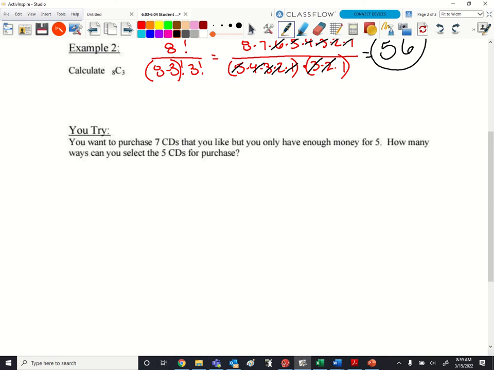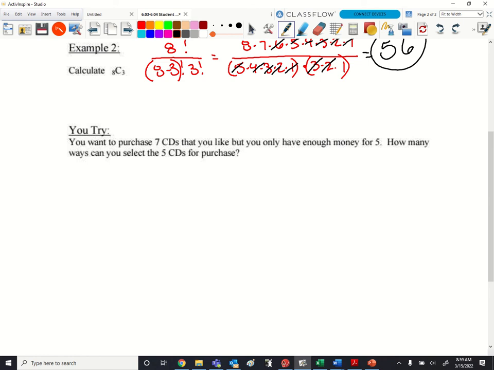So right here, start with the parentheses. Your number. What number is that? Yes, 7, because that's how many we're choosing from. That's why it's still n up here. It's the same n. Minus, and right here, r.